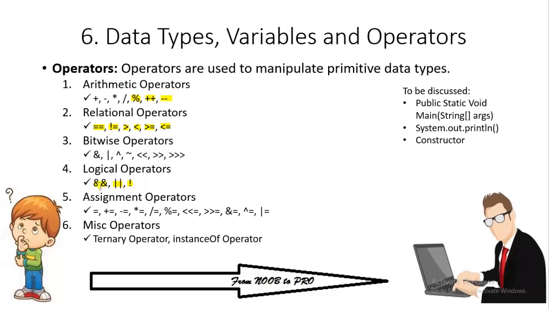So similarly, on OR operator, true or true will be true, true or false will be true, and false or false will be false. And not is the not, that is not true is false and not false is true. A little complex when we look at it this way, but when we start coding you will understand the simplicity of these operators.